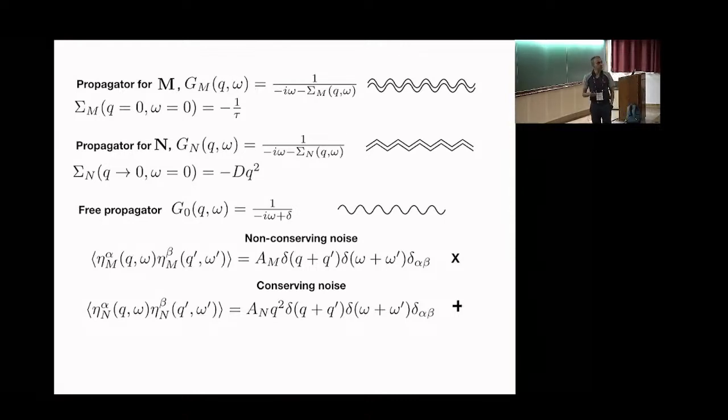So you look at the hydrodynamic limit of the self-energy, the low wave number, low frequency limit, and that should yield the relaxation time for the magnetization and the diffusion constant for the staggered magnetization. Again, the noise for the magnetization is non-conserving, and the noise for the staggered magnetization is conserving.